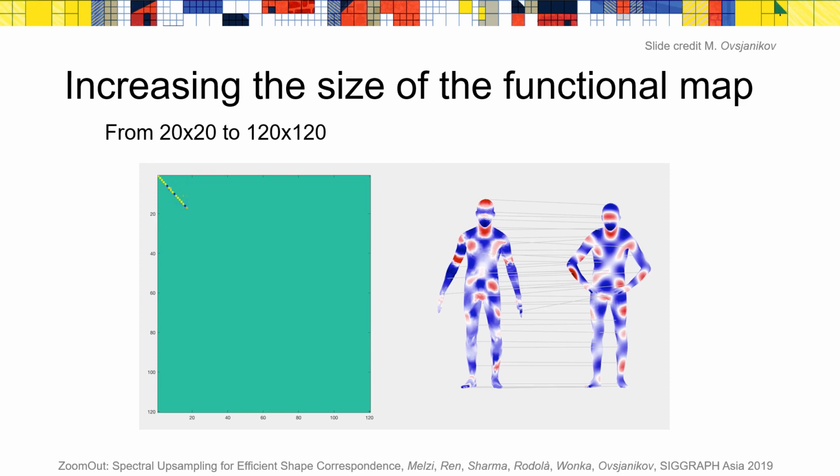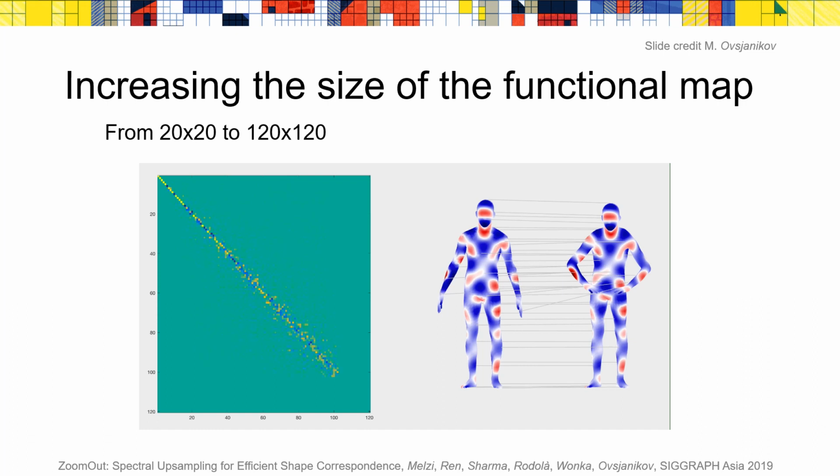I suggest to focus on the face of these two human bodies. As you can see, after a few iterations, the signal on the face has been completely recovered, but also other high frequency details have been recovered by the zoom out technique.